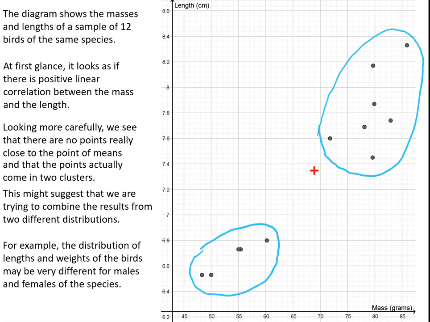So when you see two completely distinct groups of points, be very, very careful, because sometimes it may appear that you've got some correlation when you're basically trying to merge two different populations.